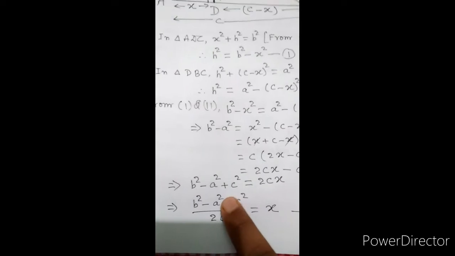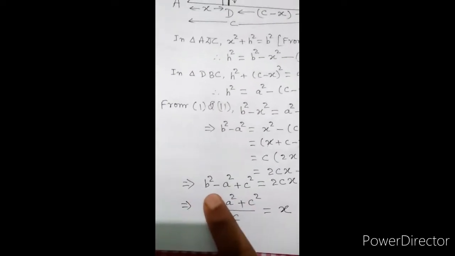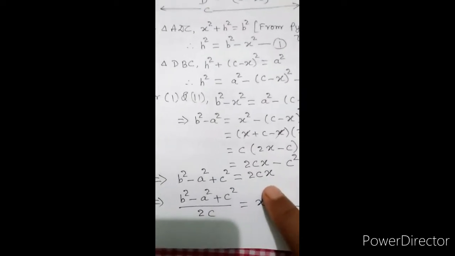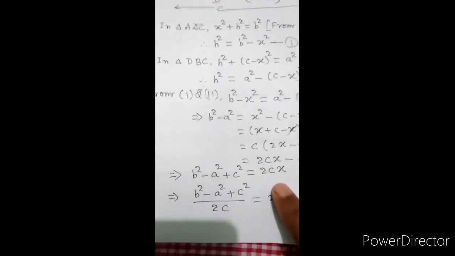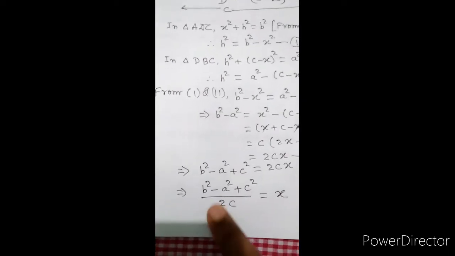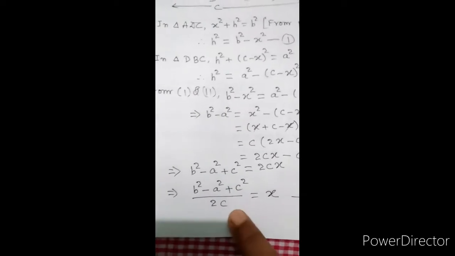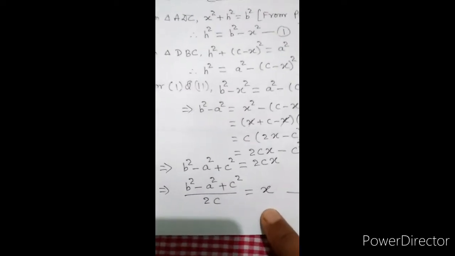Now bring this minus c square to the left side. Then we have b square minus a square plus c square is equal to 2cx. In this way we get the value of x. Implies that (b square minus a square plus c square) by 2c is equal to x.